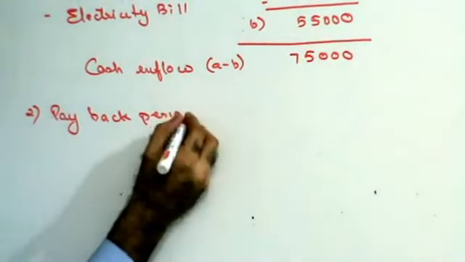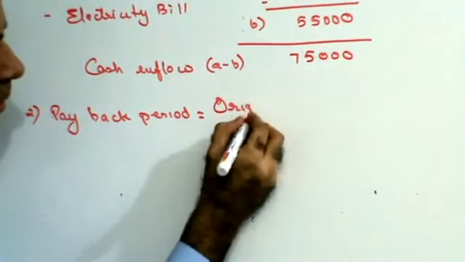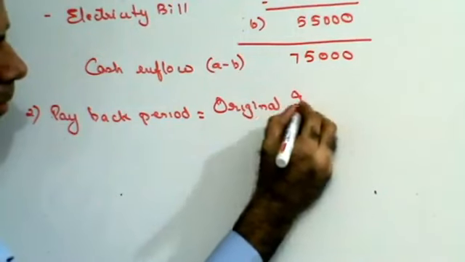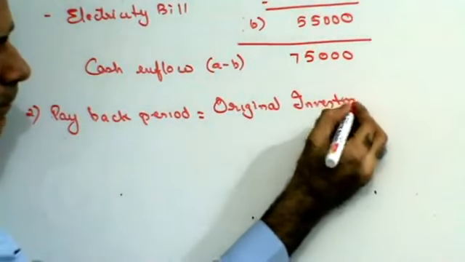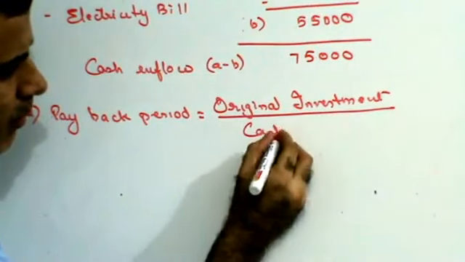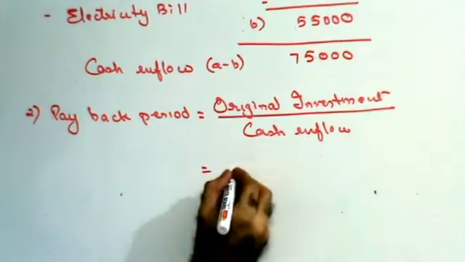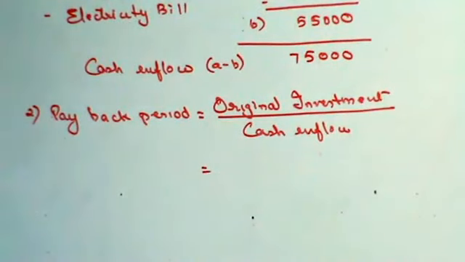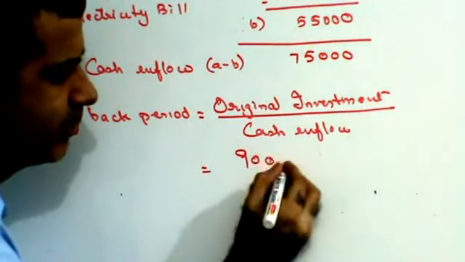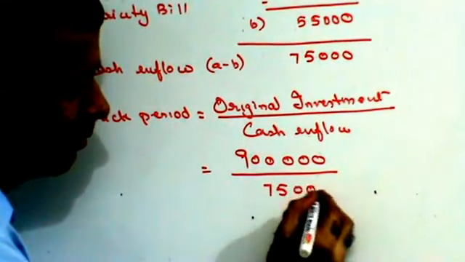Once you have this, then you can find out your payback period. Payback period is given by the formula original investment upon cash inflow. Original investment: I will be buying the machinery for 9 lakh rupees and my cash inflow is 75,000.